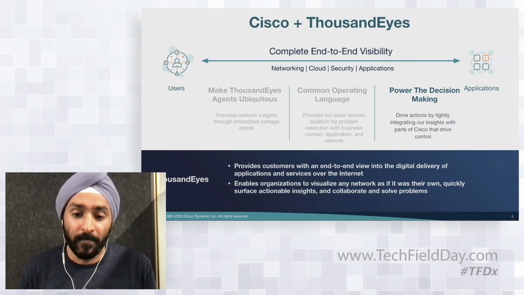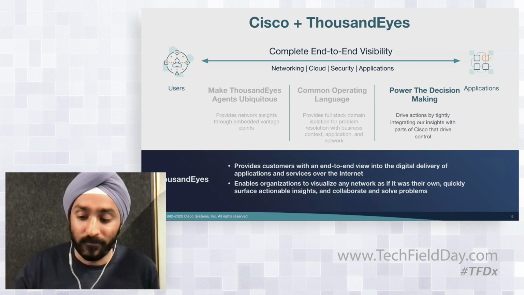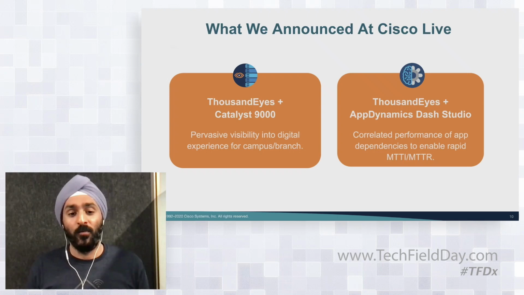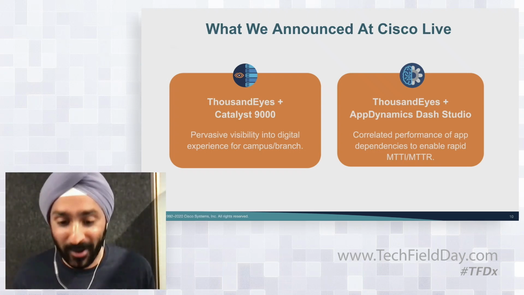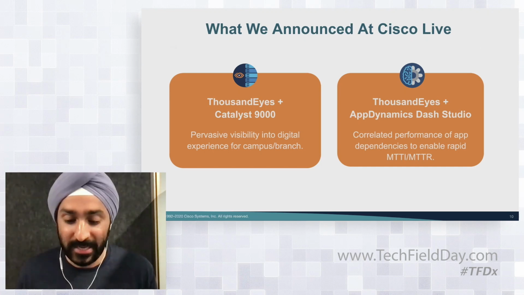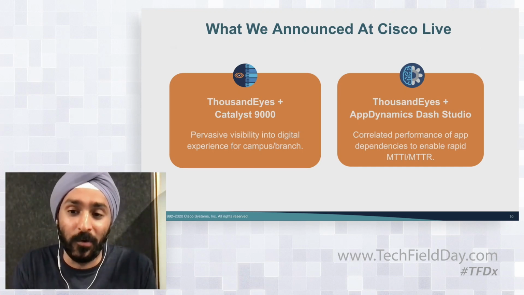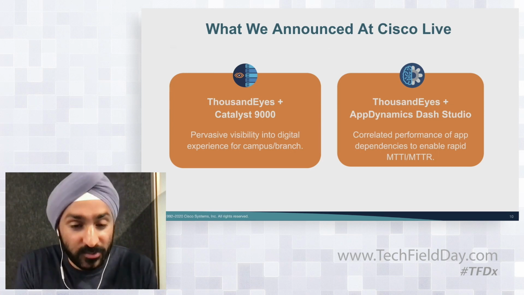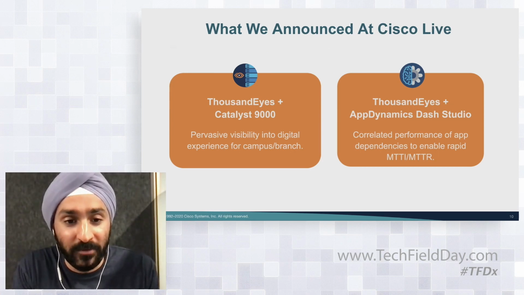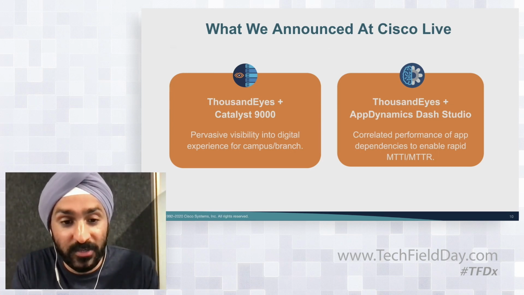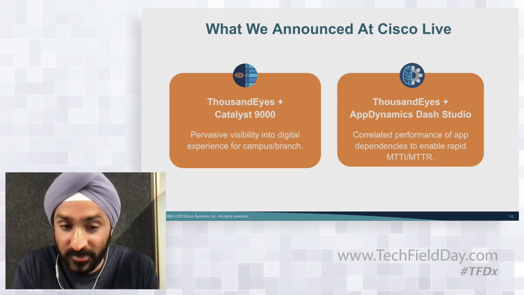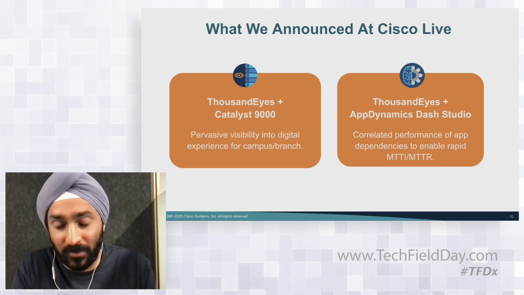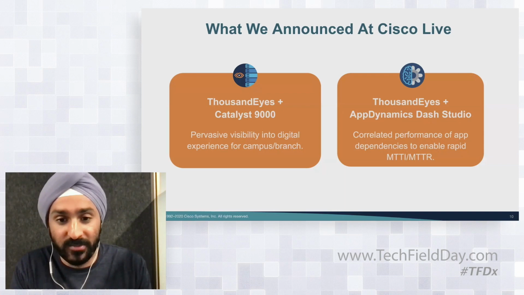And so, having said that, let's walk through two new announcements and the phase one of our early work within Cisco, where we've evolved. The first, what we announced at Cisco Live, was the ability to deploy a ThousandEyes Enterprise Agent on a Catalyst 9300 or 9400 device to be able to provide visibility across your SaaS apps, across SD-WAN.